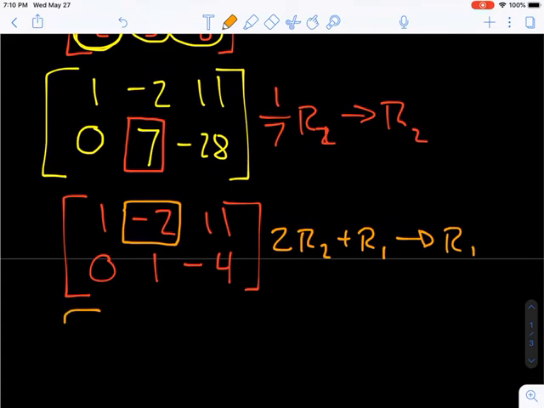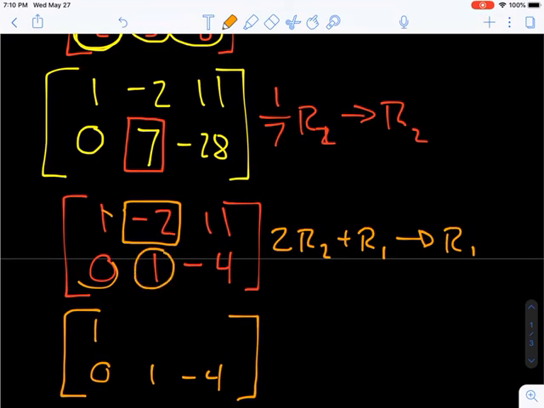So in this case, row 2 is not changing, but row 1 will change. So 2 times 0 added to 1 is just 1. 2 times 1 is 2, plus the negative 2 is 0. 2 times negative 4 is a negative 8, plus 11 is 3.